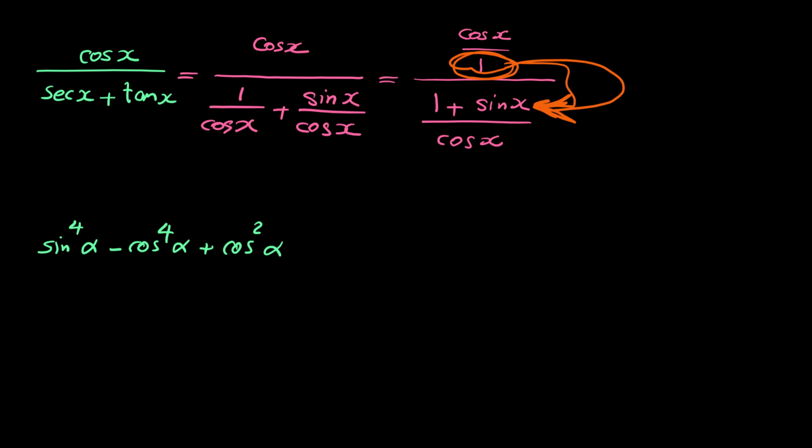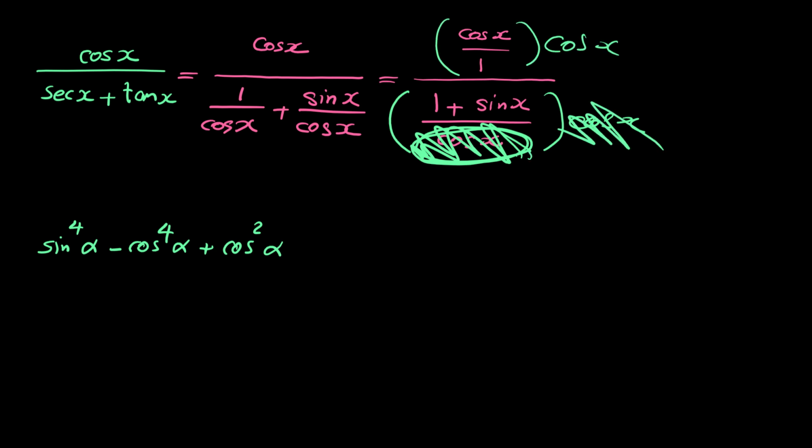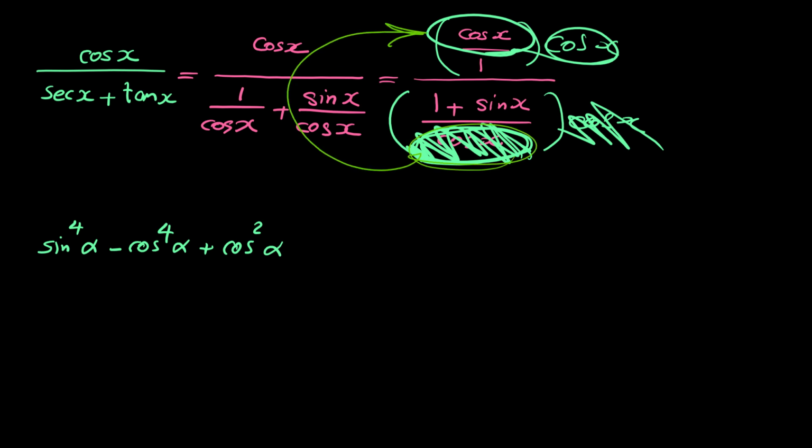This is one way. The other way is to say, okay, I have a denominator here and I don't like it, so to get rid of it, multiply the numerator by cosine x. Then this cosine cancels with that cosine, and cosine times cosine would be cosine to the 2, which is exactly the same as multiplying this by this.